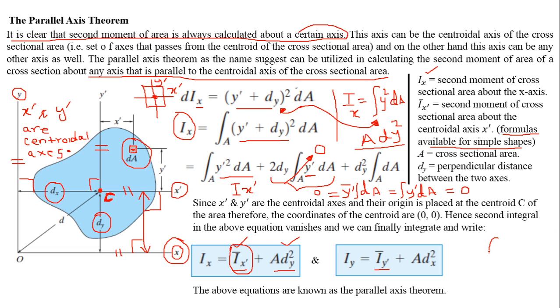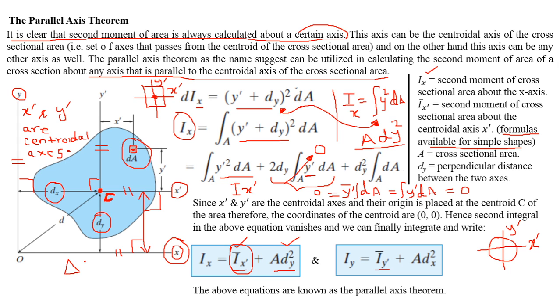Similarly, if this simple shape is a circle, you have a formula available for this. Okay, you have a formula available for calculating Ix bar prime and similarly Iy bar prime. Or maybe you can have a triangular area or a trapezoidal area.